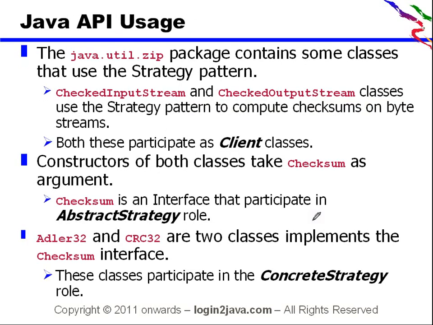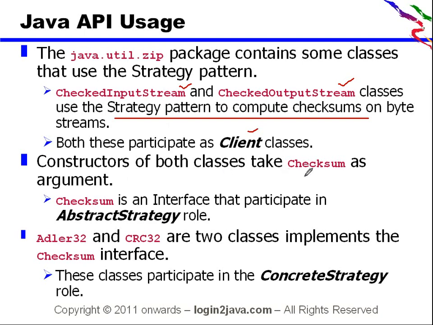Now let's see a Java API example for strategy. The Java util.zip package contains some classes that use the strategy pattern. There are basically two classes, CheckedInputStream and CheckedOutputStream. These classes use the strategy pattern to compute the checksum on a byte stream. Both of these participate as client classes in the strategy pattern in Java util.zip.